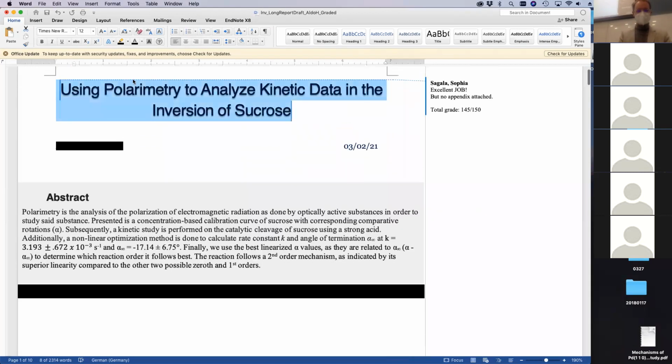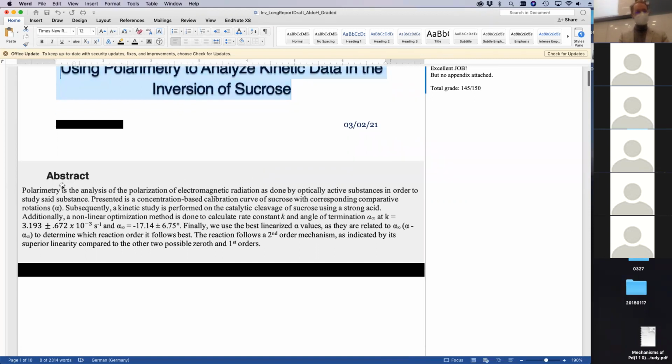Okay, so there's title, name, date, and then here's an abstract. The abstract doesn't need to be long, but this is a really nice abstract. It basically says what's the purpose of this experiment. What did we basically do? So we did a concentration-based calibration curve of sucrose, and then we did a kinetic study to look at the catalytic cleavage of sucrose using a strong acid.